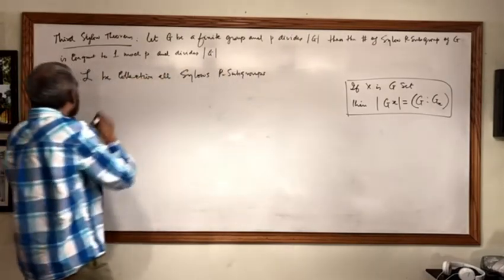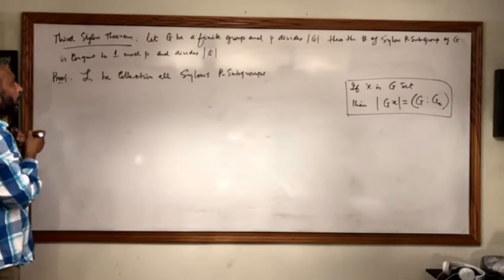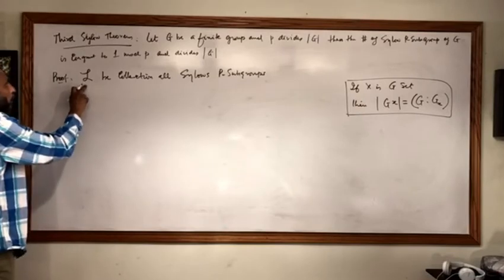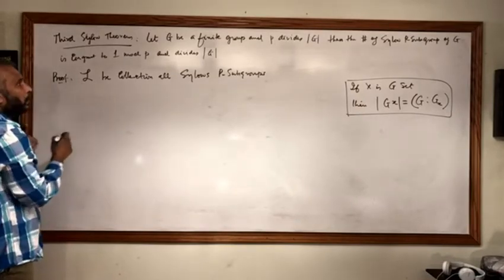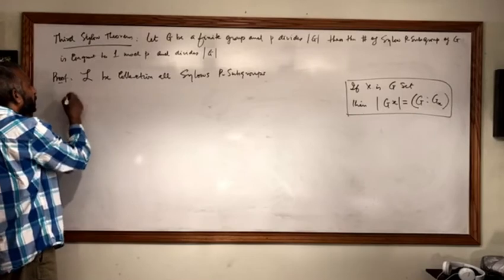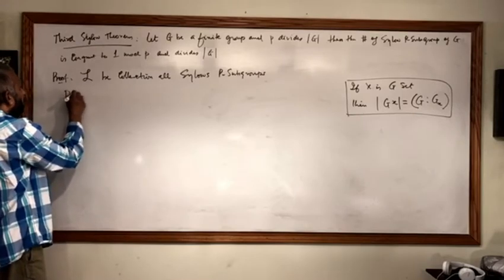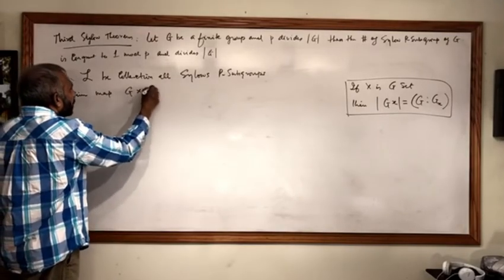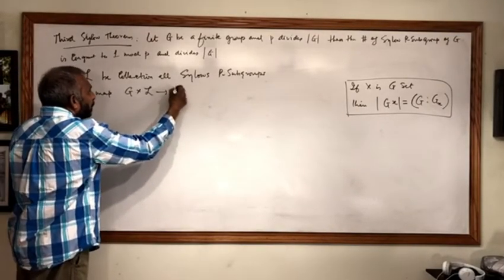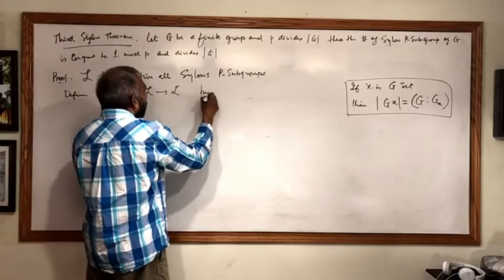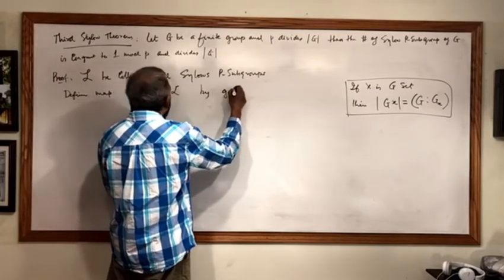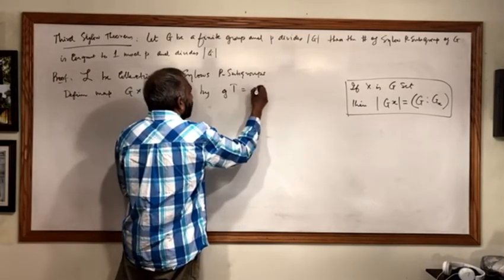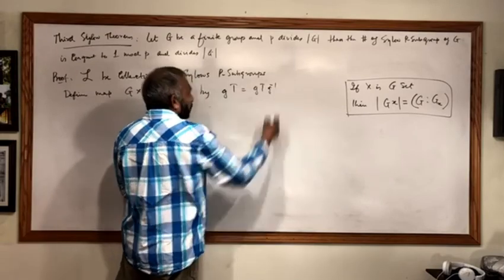But instead of taking the action from an element of here, we are going to take the action from G itself. So define a map from G cross L to L by g of T is equal to gTg inverse.